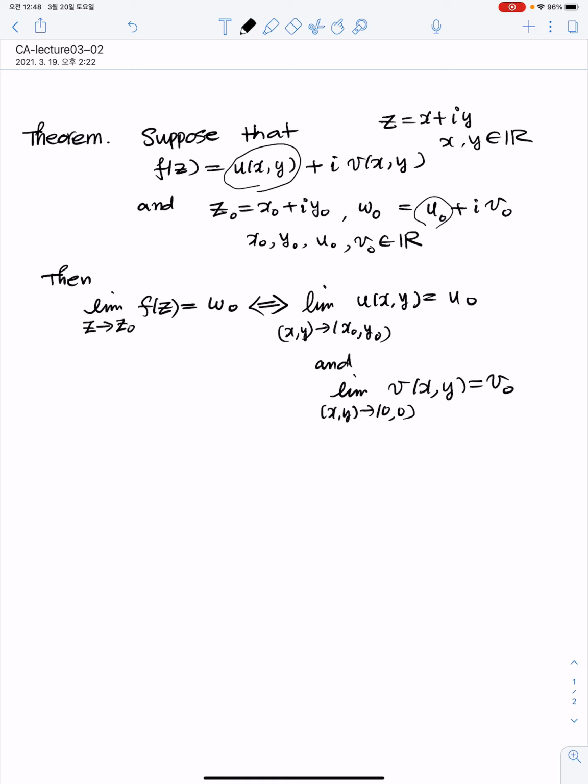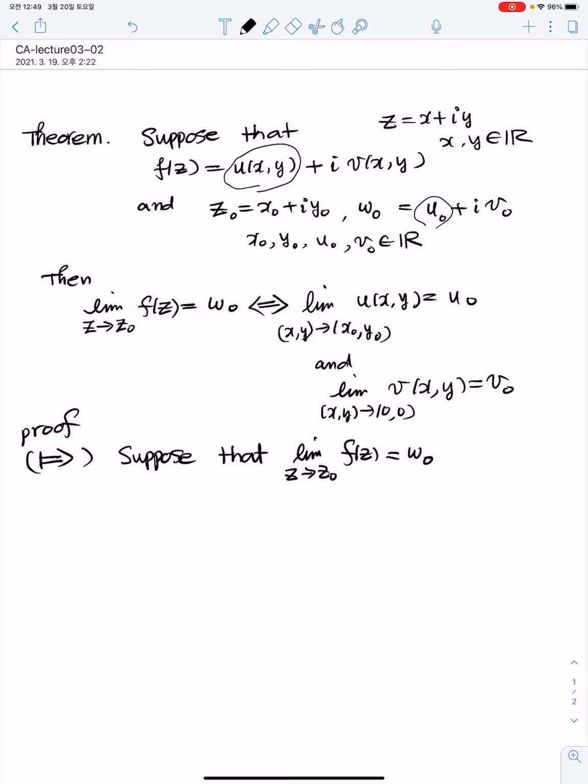Okay, well, let's try to prove this one. So first we prove this part. Suppose that we assume the limit as z approaches z0 of f(z) equals w0.